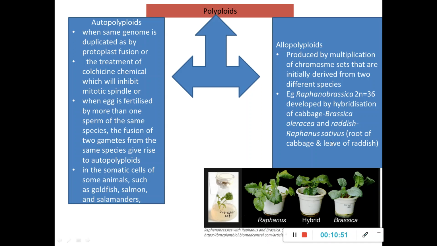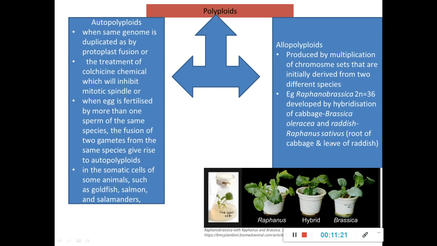So 2n of cabbage and 2n of radish combine together to give another hybrid called the Raphanobrassica, which is also diploid, but it has a genome content of 2n equal to 36. And the chromosome number is found to be 36 here. This species is a hybrid variety, which is like having the root of a cabbage and the leaf of a radish.